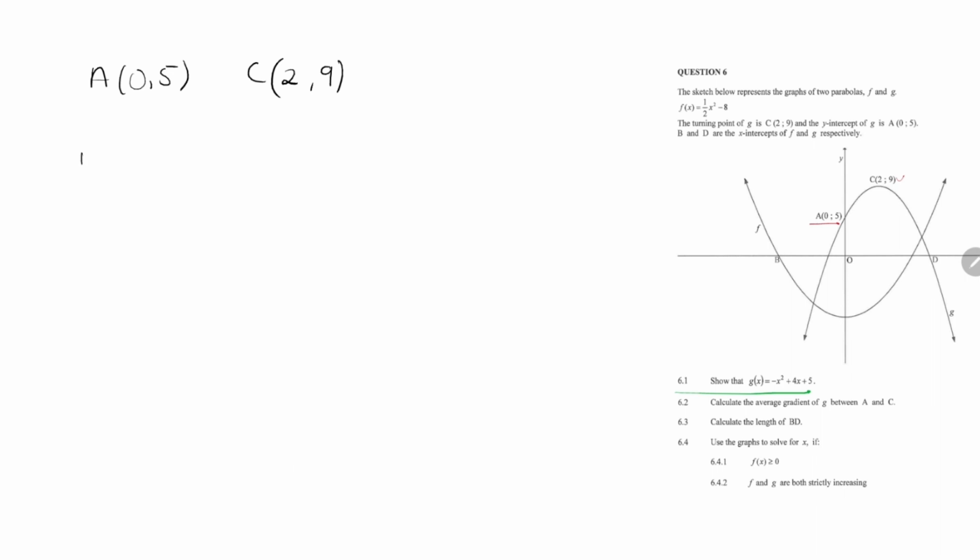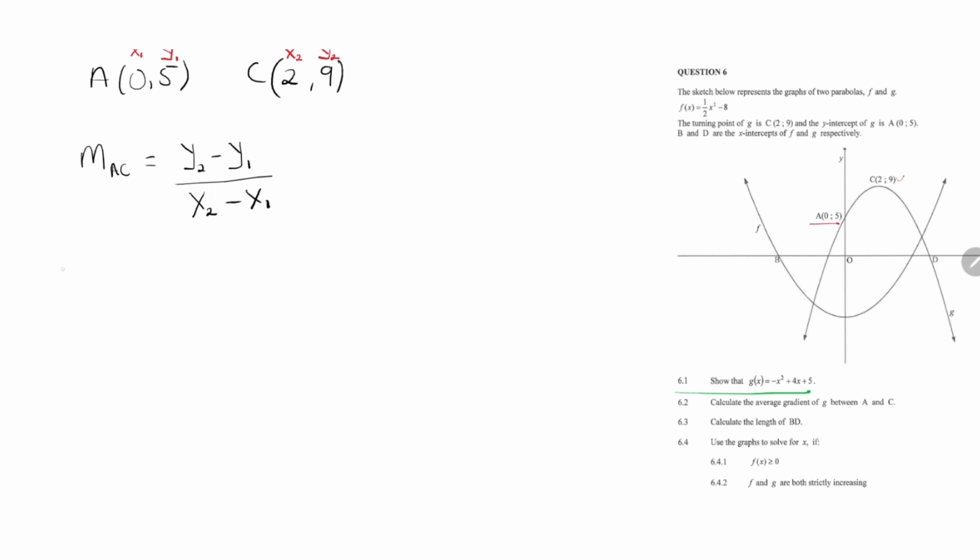So in order to calculate the gradient between a and c, we have this formula, which is y2 minus y1 over x2 minus x1. When we have this as x1 and this as y1, also this as x2 and this as y2.